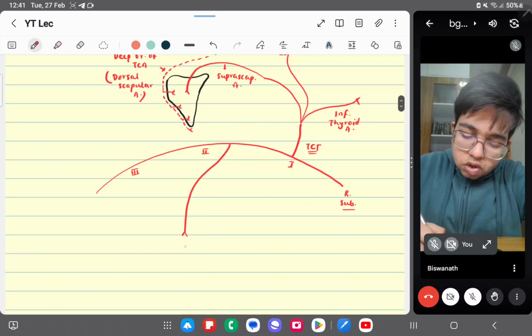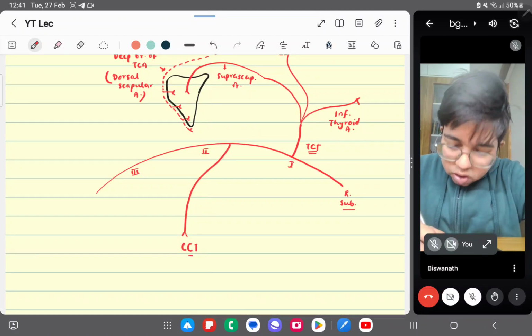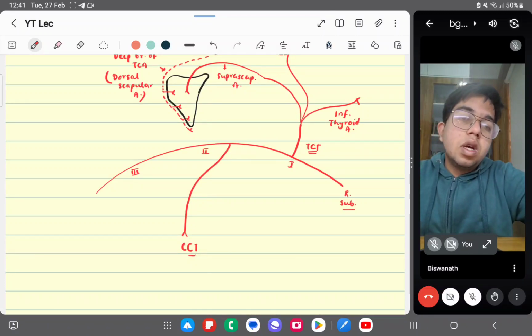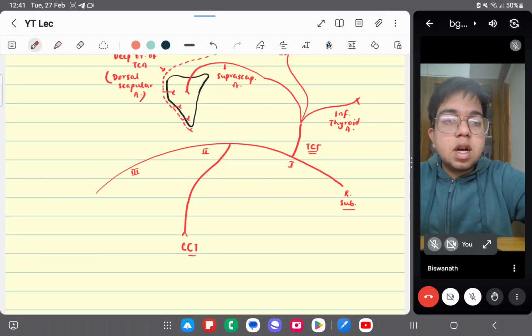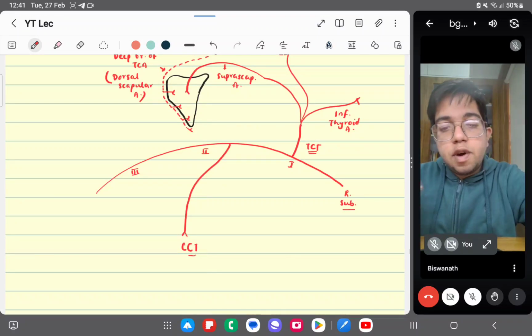This is called the costocervical trunk. I'm writing CCT. Costocervical trunk, not much important in our discussion. We don't need to discuss the third part, because the third part you can just say continues to form the axillary artery.